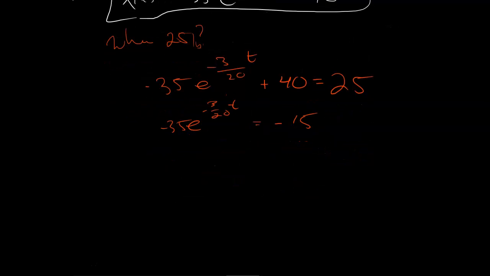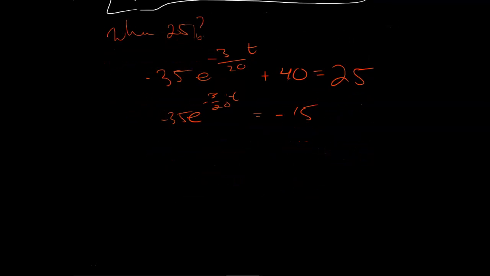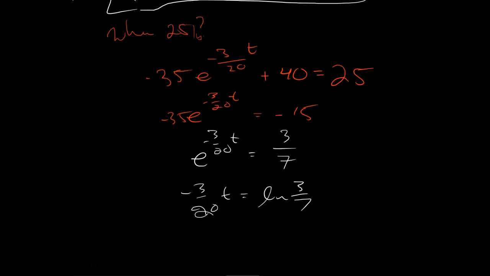So let's keep simplifying this a little bit, maybe in a brighter color. Negative 15 divided by negative 35 is 3/7. So here we have negative 3/20 t is equal to the natural log of 3/7.